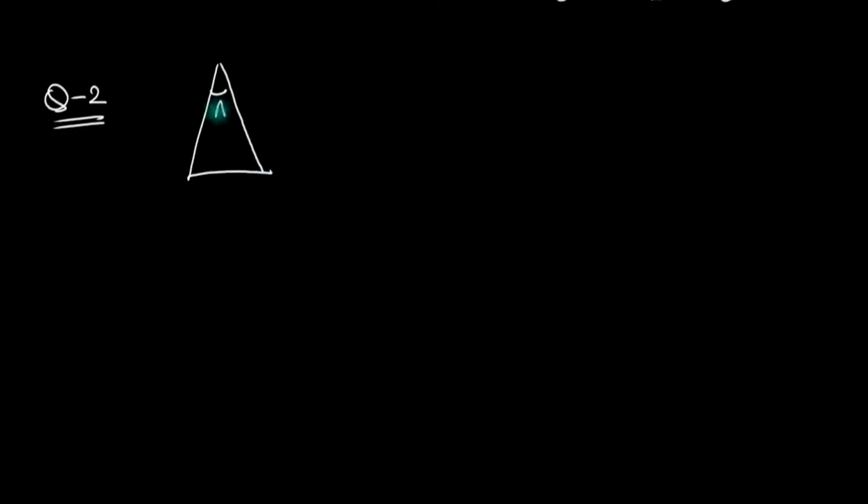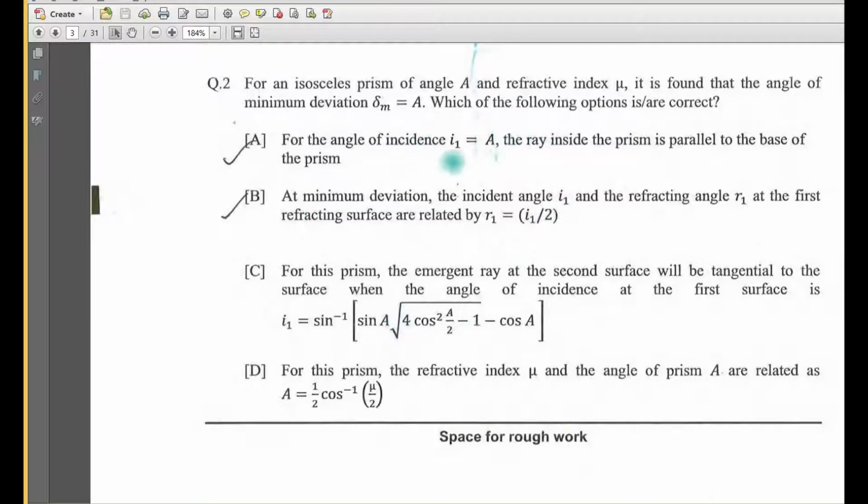This is A, and these are equal angles. And we have been given that the minimum deviation D is exactly equal to A. Okay? Which of the following options are correct?